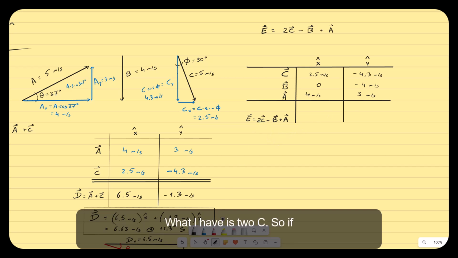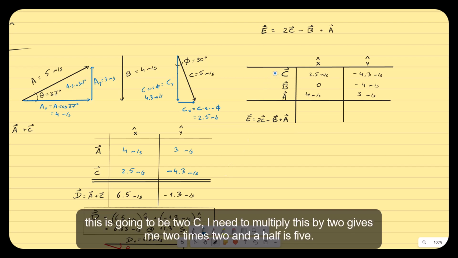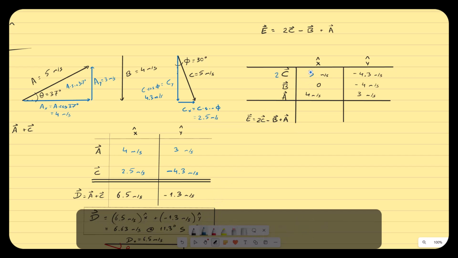What I have is 2C, so I need to multiply this by 2. That gives me 2 times 2.5 is 5. And I need to multiply this by 2. 2 times negative 4.3 is negative 8.6. I've got minus B, so a negative B gives me negative 0, that's just 0, and a positive 4. And then plus A as is, so that's good.